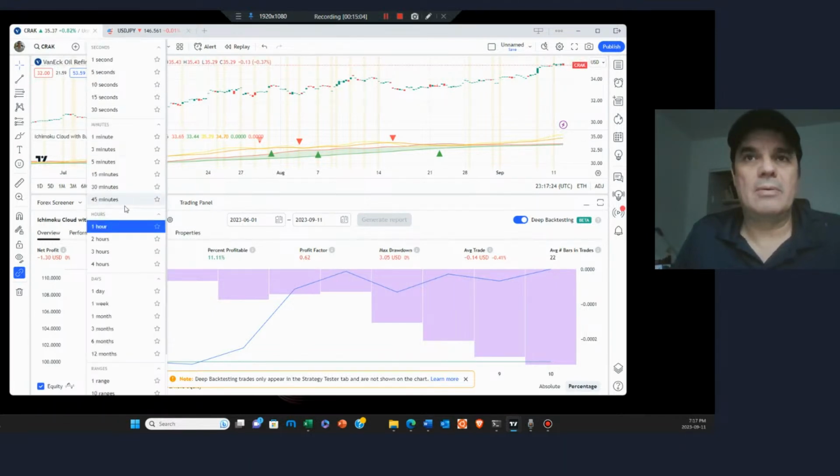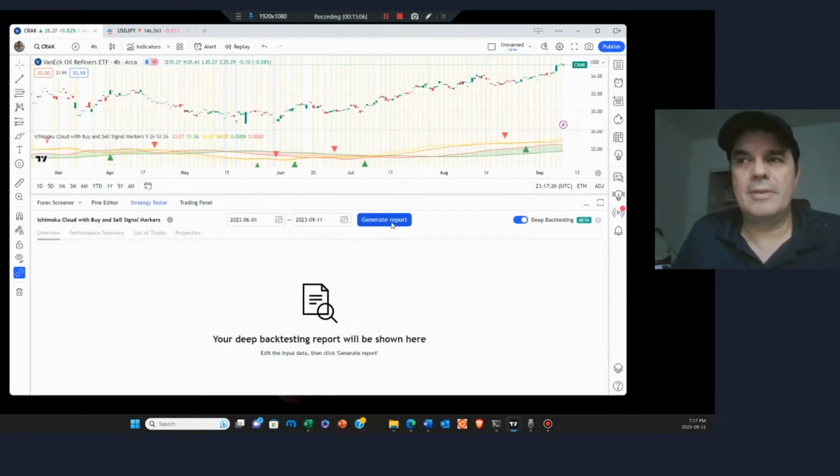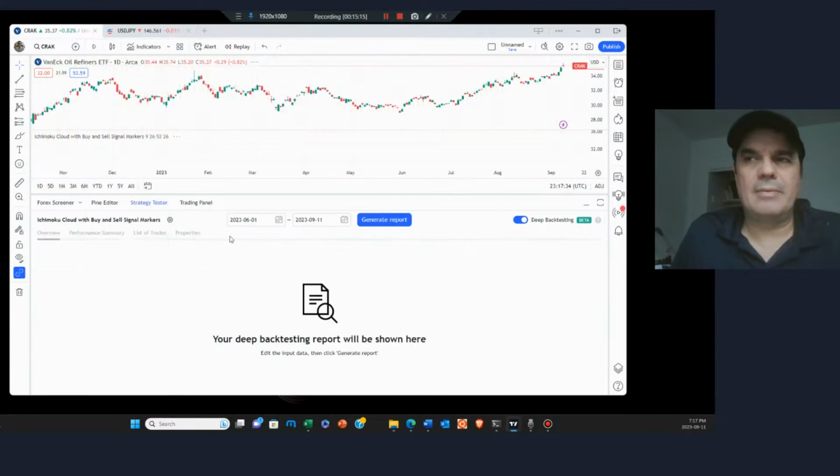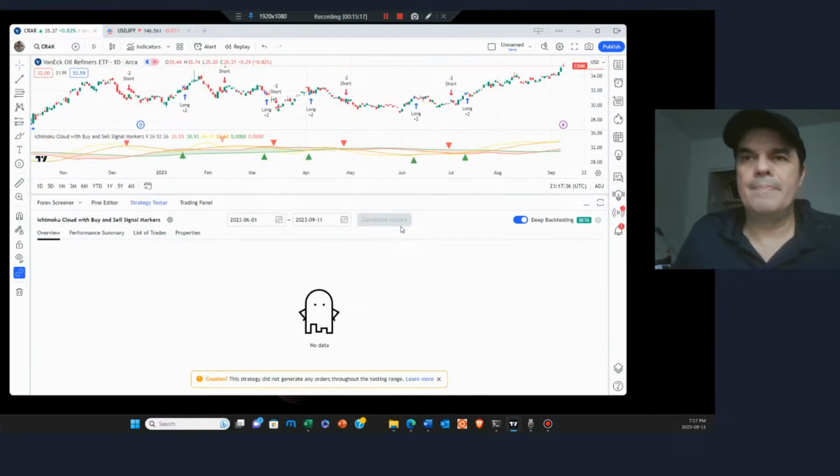So on the 4 hour, let me just show you that. 12 profit factor just between 4 hour and 1 hour. It's pretty stellar when you look at it. But again, there's nothing generated on the daily. So again, it's just experimentation. So that's a good ETF to know about. As I said, if you got any instrument stocks that you want me to try out on, let me know.